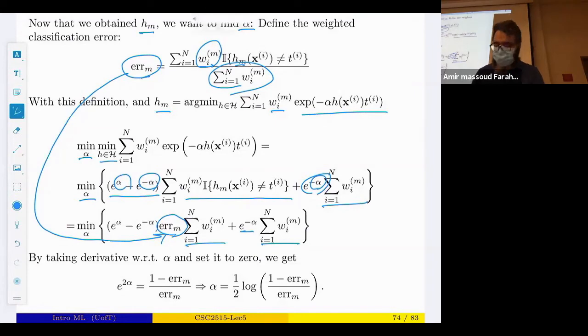You can verify it later that this is indeed correct. We take the derivative with respect to alpha and set it to 0 to find a minimizer of alpha. And if we do that, you get that e to the power of 2 alpha should be (1 minus error_m) divided by error_m. And if we solve for alpha, then you get that it would be half of log of (1 minus error_m) divided by error_m.